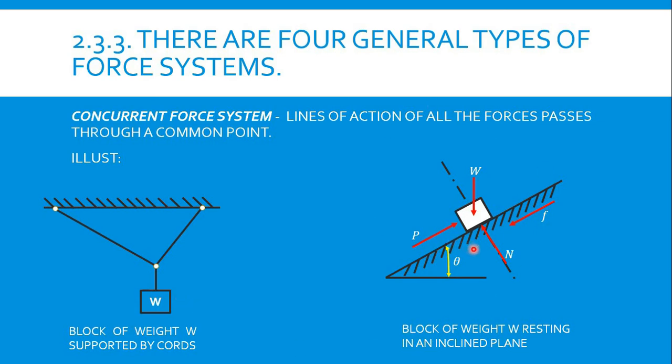The next illustration is the block of weight W resting on an inclined plane. P is going towards W, N is going towards W as well, and the friction force F is going towards W as well.